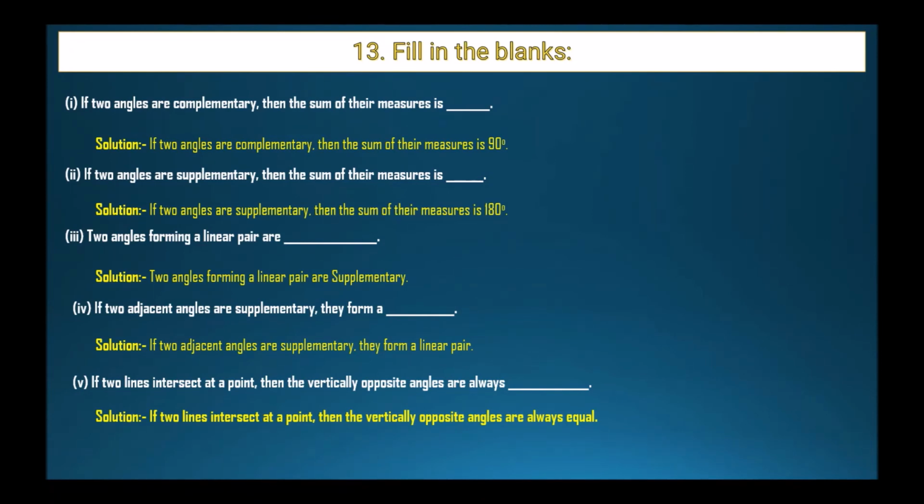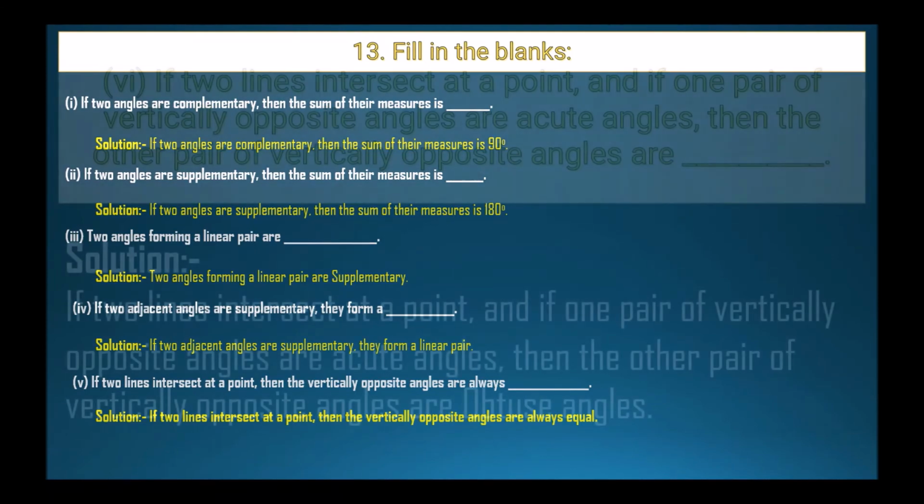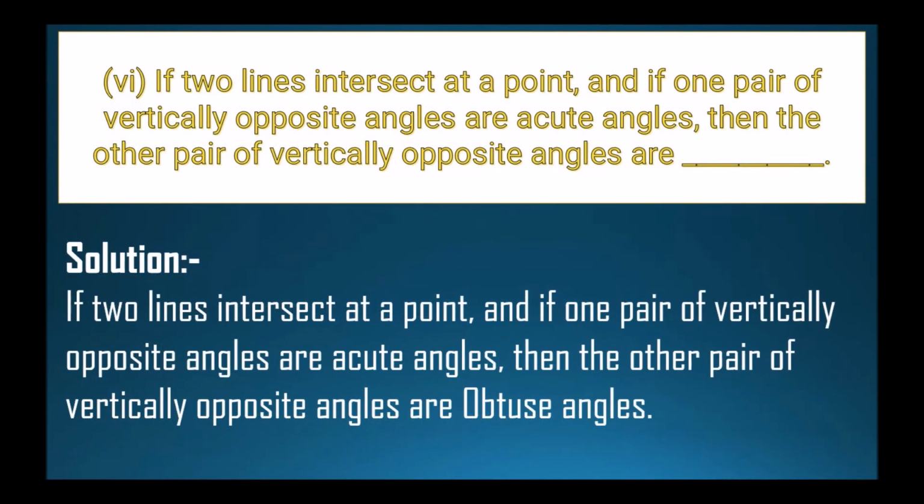If two lines intersect at a point, then the vertically opposite angles are always equal. If two lines intersect at a point and if one pair of vertically opposite angles are acute angles, then the other pair of vertically opposite angles are obtuse angles.